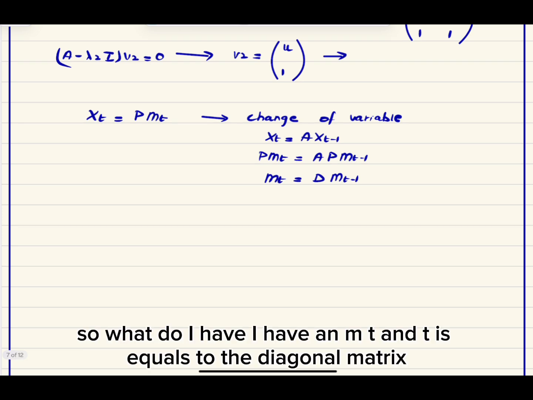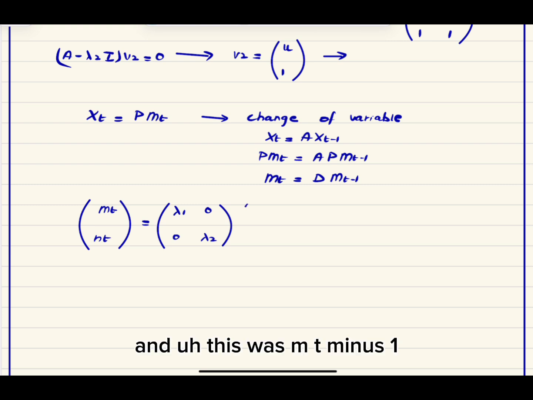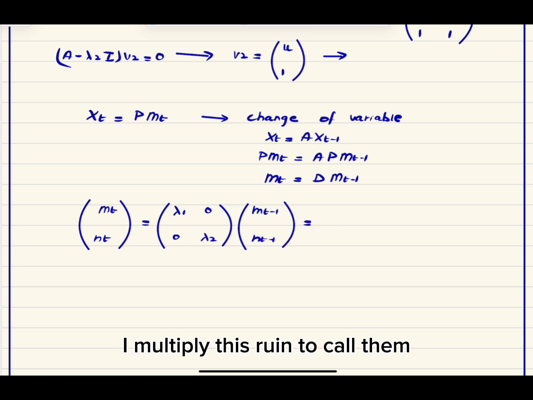So what do I have? I have mt, nt is equal to the diagonal matrix, lambda 1, 0, 0, lambda 2, times mt minus 1, nt minus 1, and I multiply this row into column.